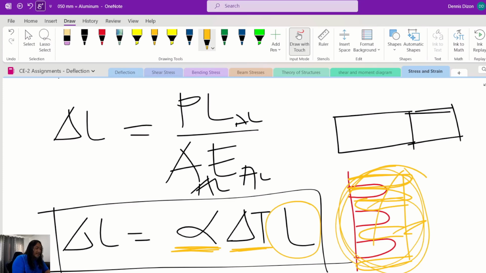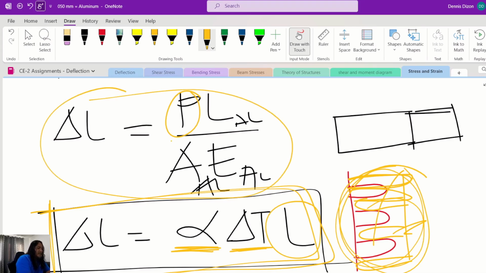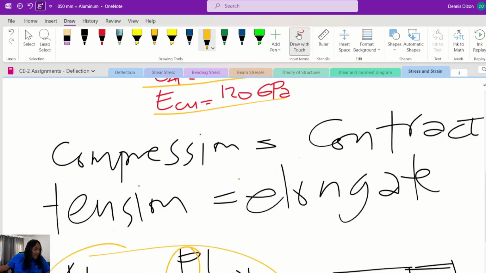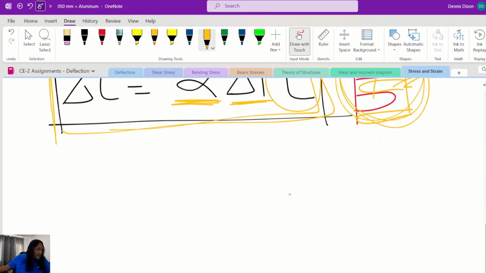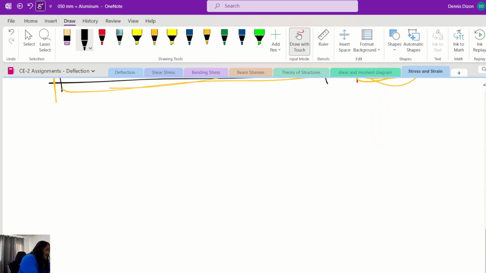But since in this problem we are not given a change in temperature, only the force P, we will be using this formula. The change in length is equal to PL over AE. Now, in the problem, the force is going to the right. Of course, our reaction would be going to the left.